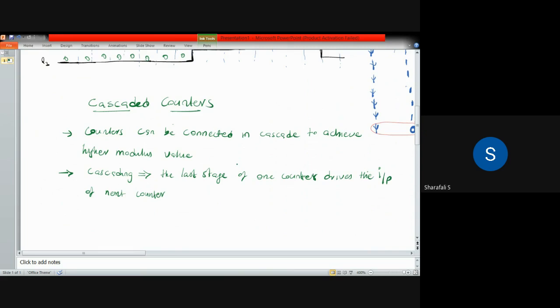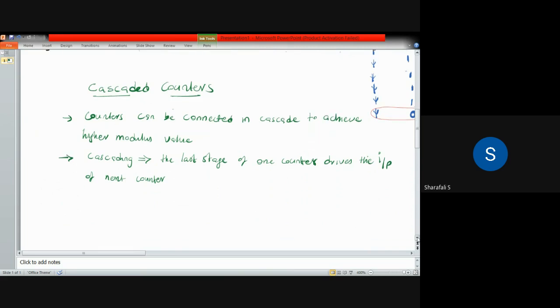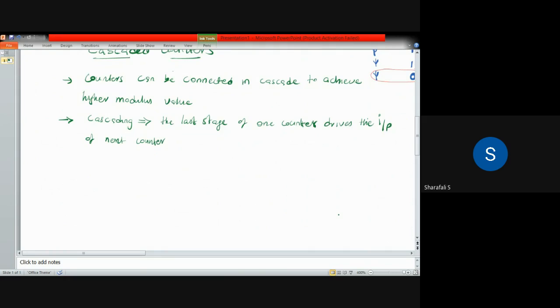In this particular case we can consider 2 counters. If you are connecting these 2 counters, how can we connect? The output of the first counter is connected as the input to the next counter. Input means you are considering it as a clock. So the output of the first counter will be connected as clock to the next one.